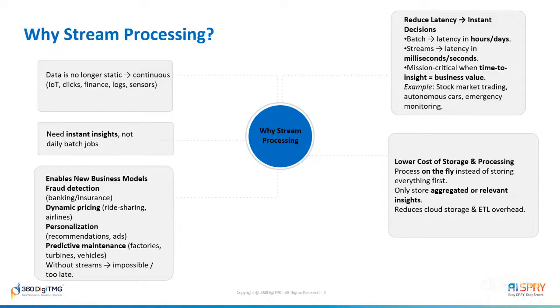We can make decisions by processing that data in real time. Suppose all the sensor data is coming, you pile it up, and daily you do processing on that data. Then the insights you get are of no use because the damage is already done. In such scenarios, you need instant insights.